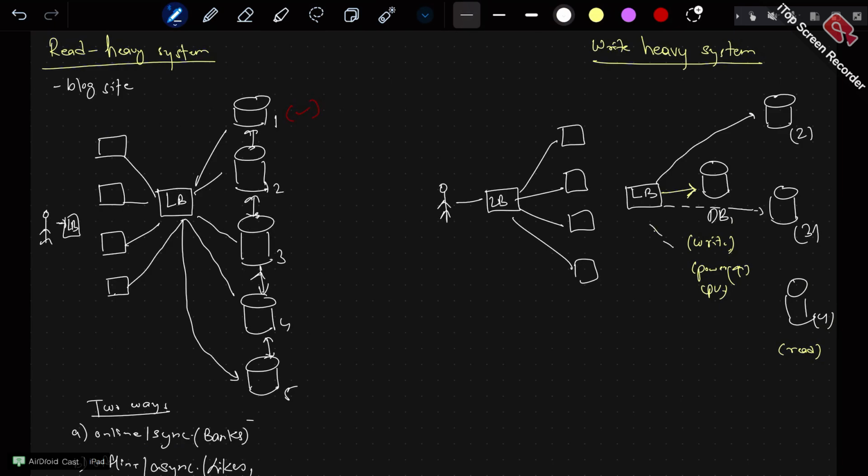Now an important question to you: why have we segregated the read databases and write databases? Your read request could go to database 1 itself, as in our previous case. So why don't we make database 1 only for write requests?